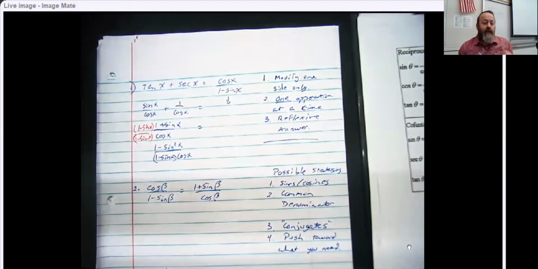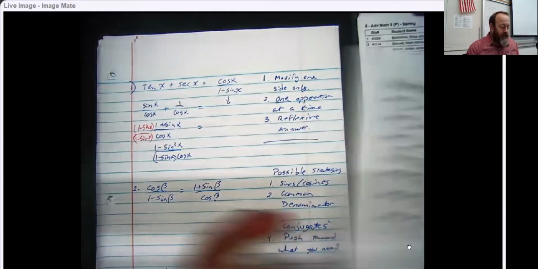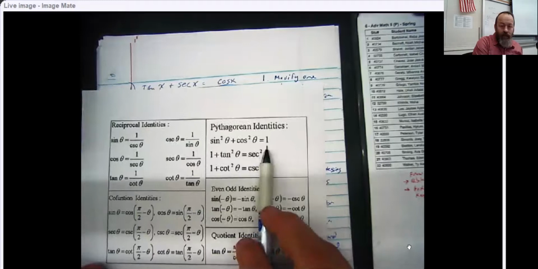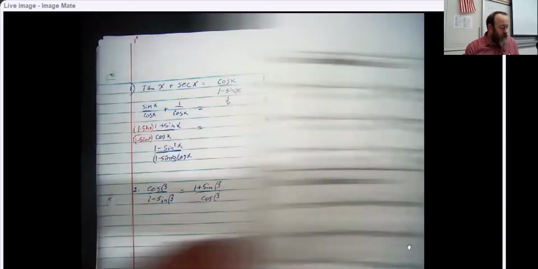Now, keep in mind, this is what I'm shooting for, and I'm hoping I'm going to get there. I don't think I gave myself enough room on this paper, but we're getting close. Because I can see right here that 1 minus sine squared, by the Pythagorean identity, 1 take away sine squared, would be cosine squared.